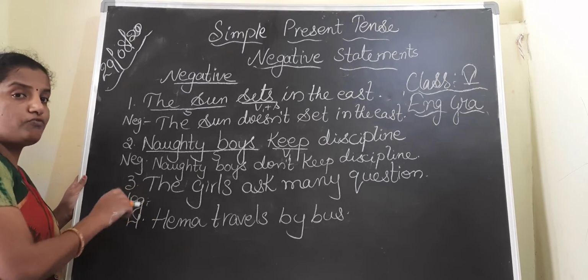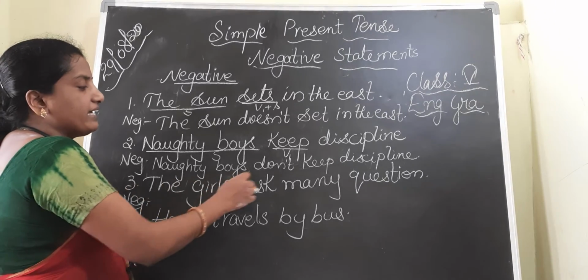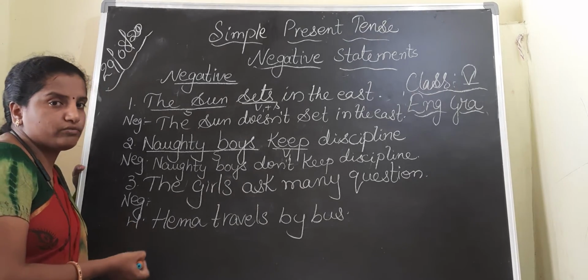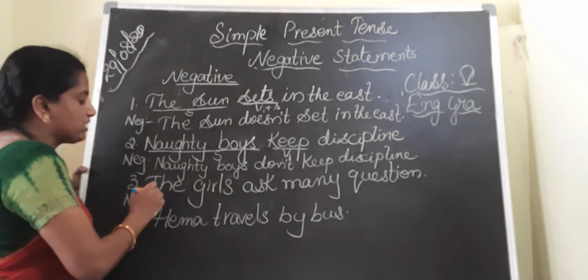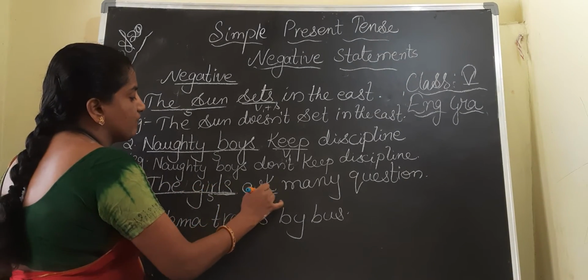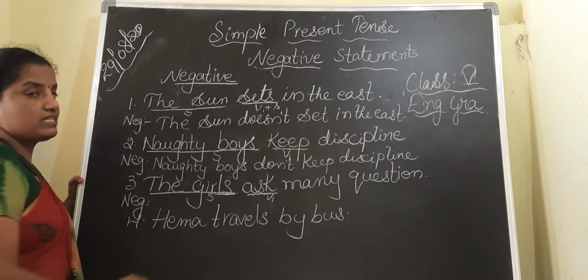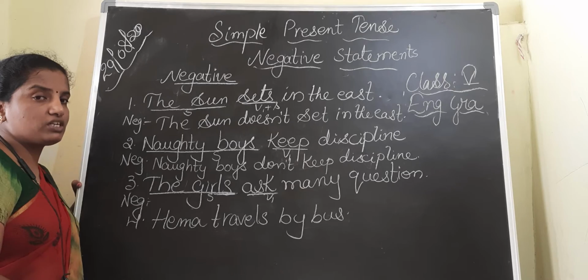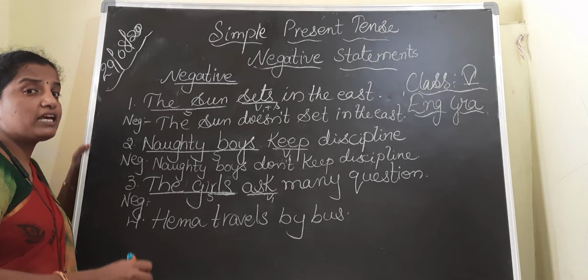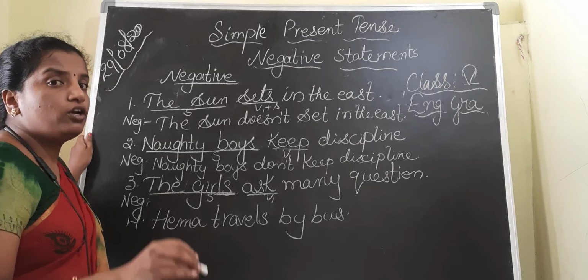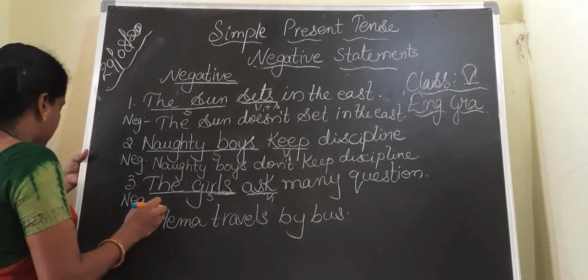Coming to the third one again, children, about whom are we discussing here? The girls ask many questions. We are talking about the girls. So the girls is the subject, children. Ask is the V1 and this is the object. So whenever we are talking about a plural subject, you are getting V1 in the sentence, and whenever you are getting V1 in the sentence, you have to add do not to write the negative form.